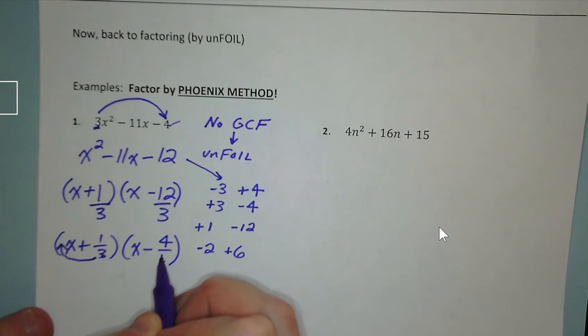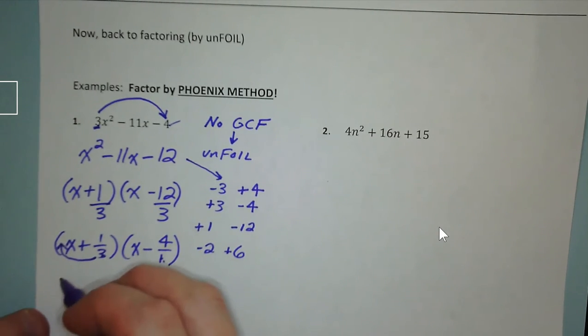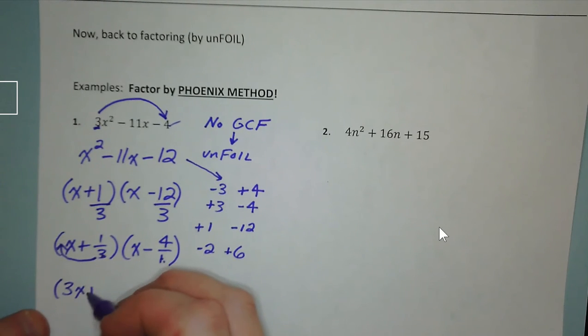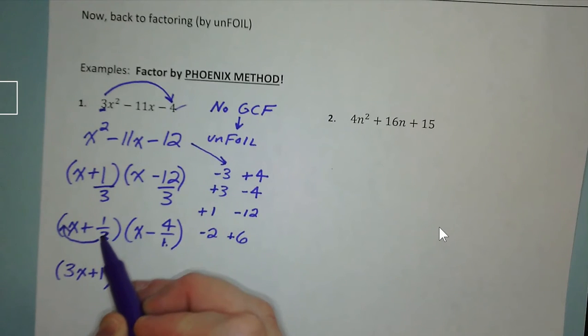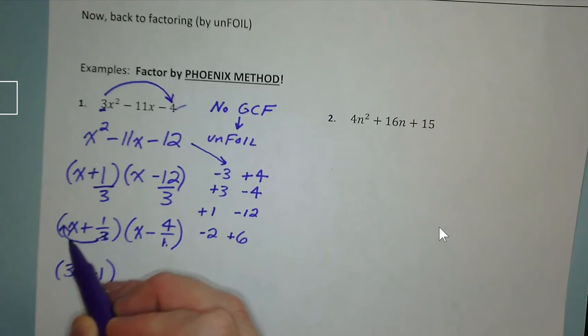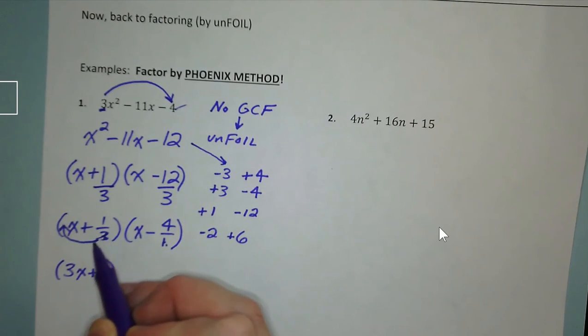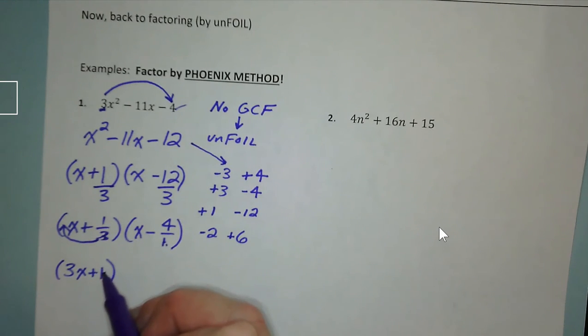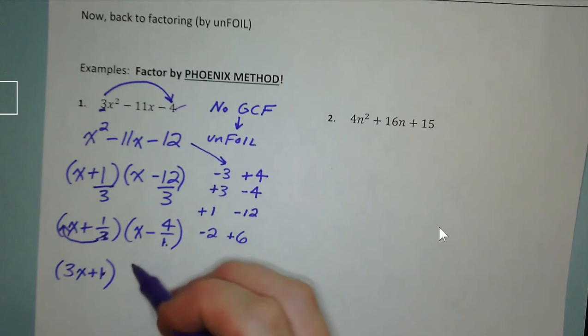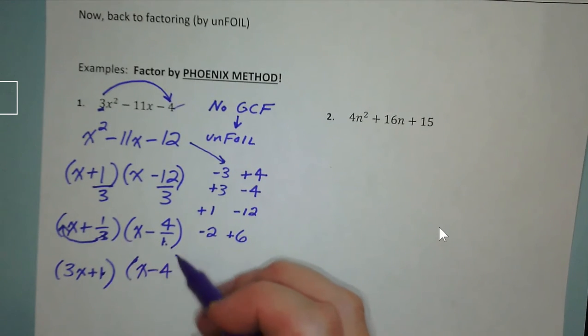This 1 is not really going to do anything technically, so this bubble becomes 3x plus 1 because this 3 literally moved up in front of the x. It got bumped up in front of the x. And so the 1 was just left to be there. And then this is just going to end up being x minus 4.